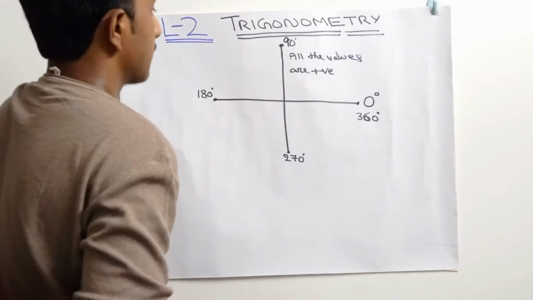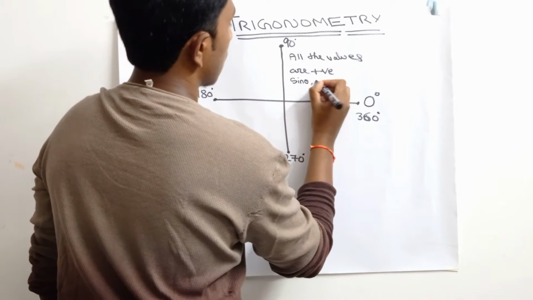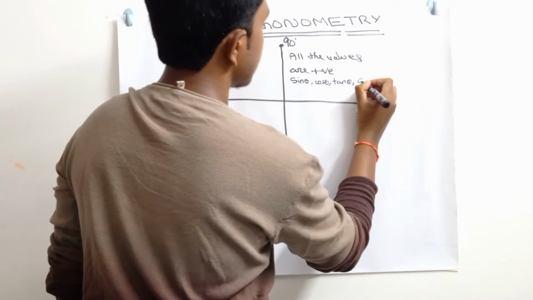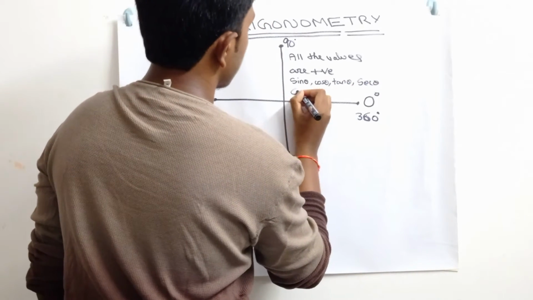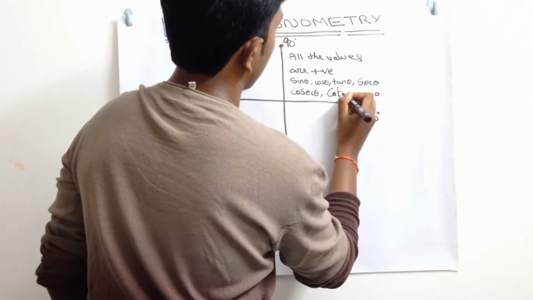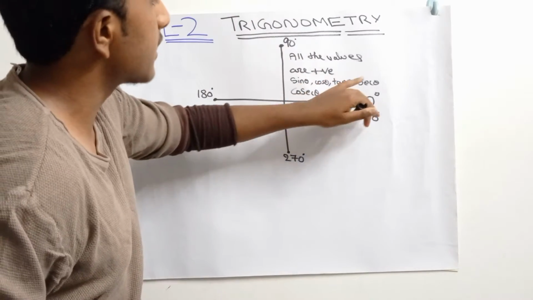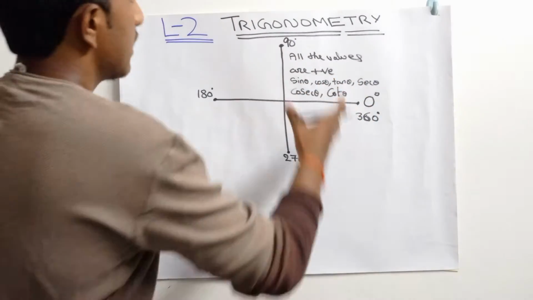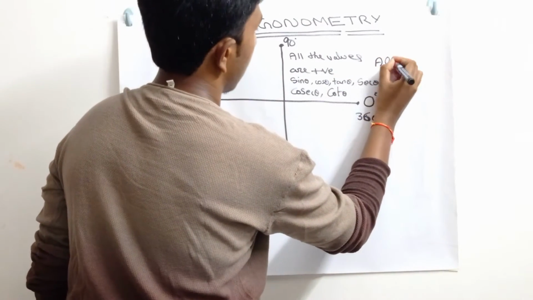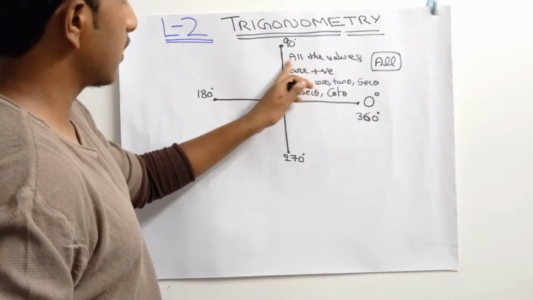That means sin theta, cos theta, tan theta, secant theta, cosecant theta and cot theta, everything is positive. I am writing all are positive.